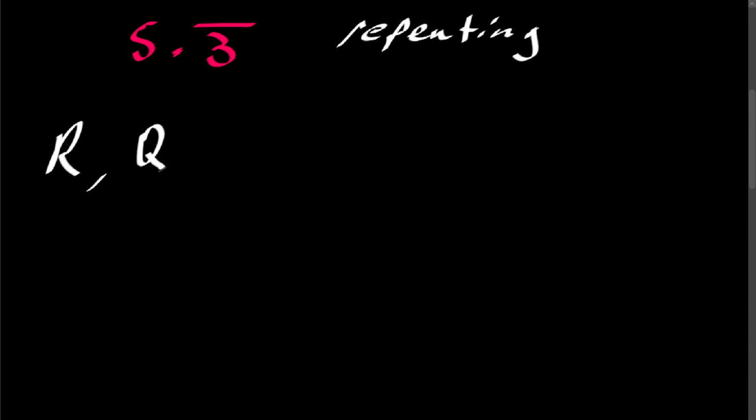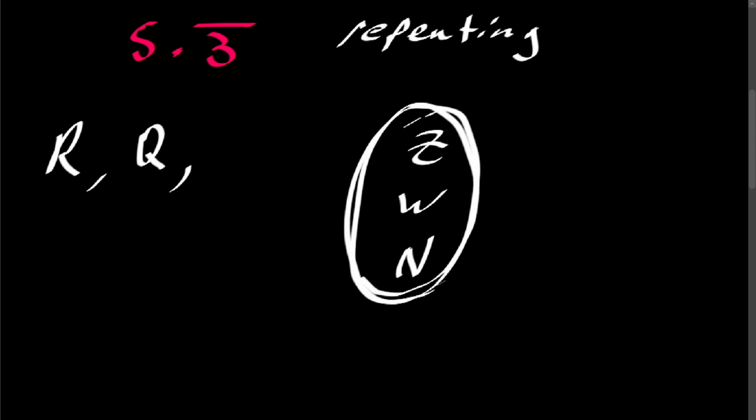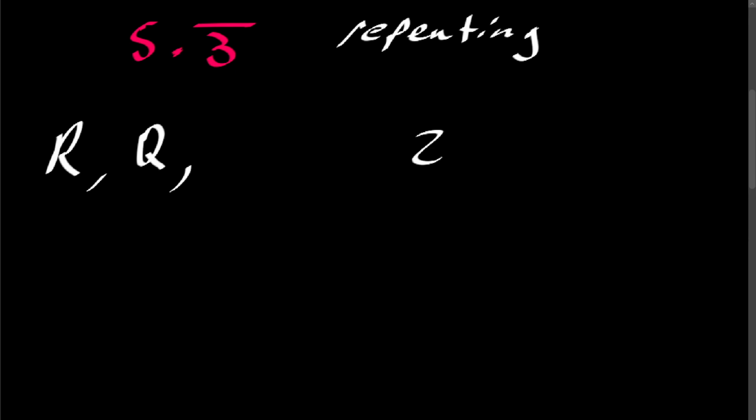Repeating fits into rational. Now, 5.3 is a decimal. Anything that's a decimal is not going to be an integer, whole, or natural, because those are all whole numbers that are not decimals. So this is actually where we would end, right here.